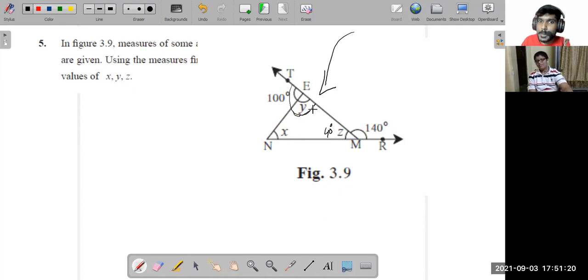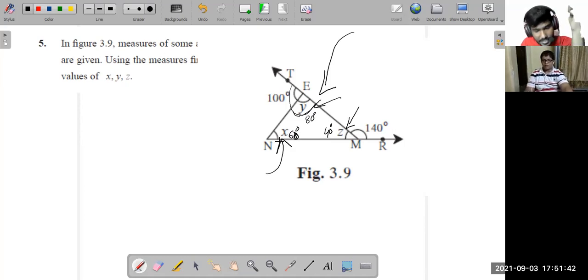So how much will be y? 80 degrees. Now, if this is 40, this is 80, how much will this be? 60 degrees. What did you use there to get 60 degrees? Angle sum property of a triangle.